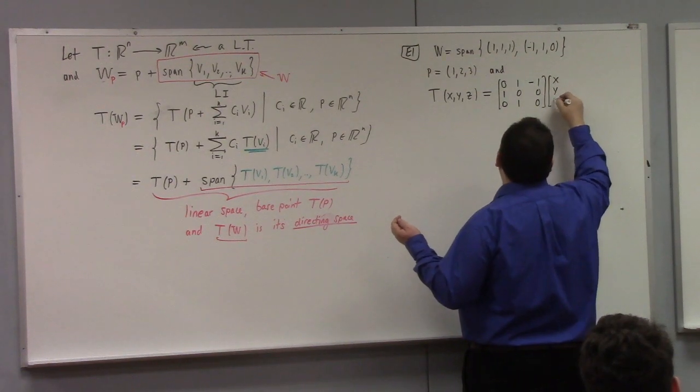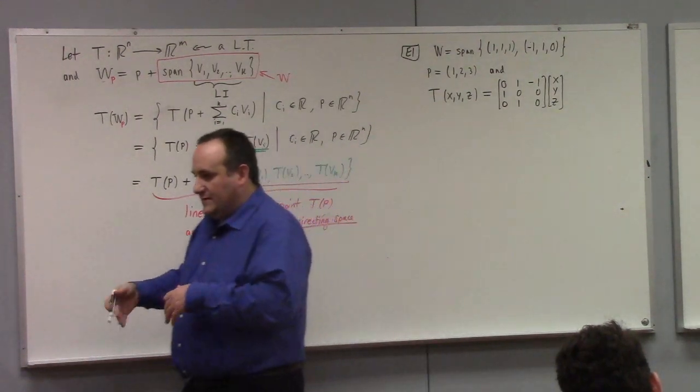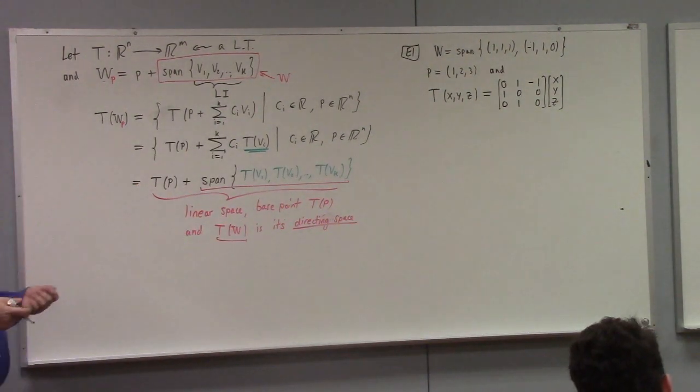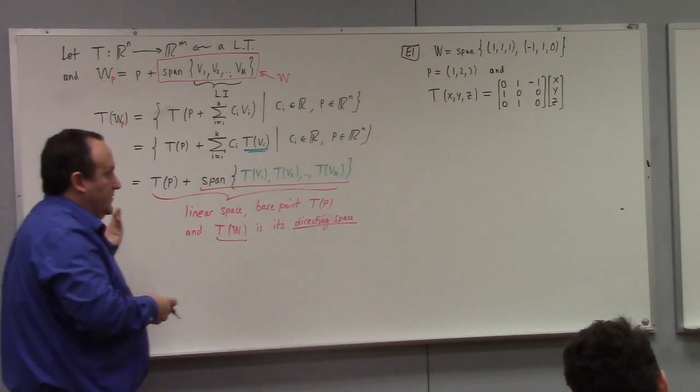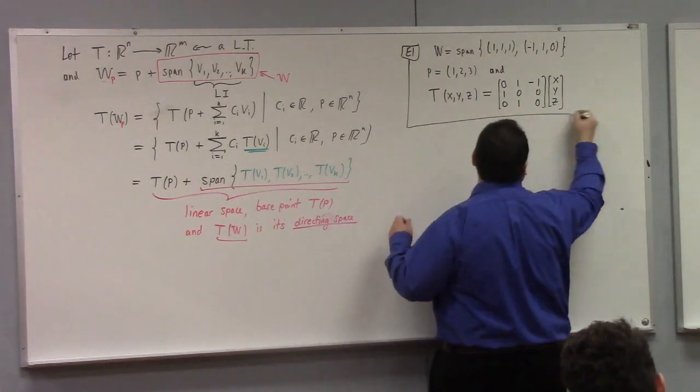So there's your formula. If you remember, like we talked about last time, if the formula can be written as a matrix multiplication, it is indeed a linear transformation. So for this particular example, what's the situation? Let's figure it out.